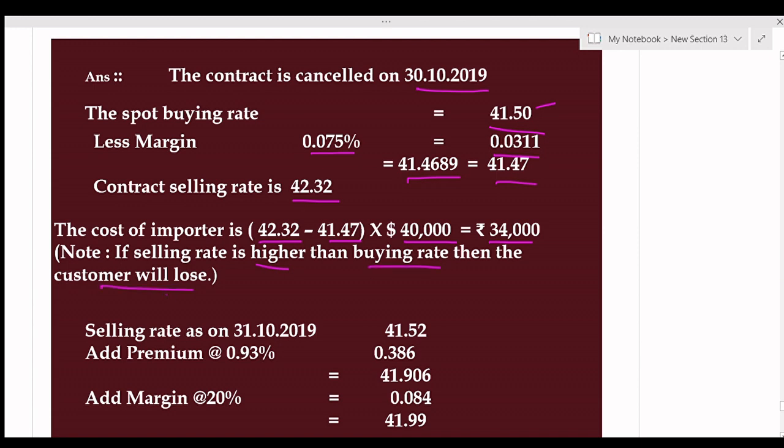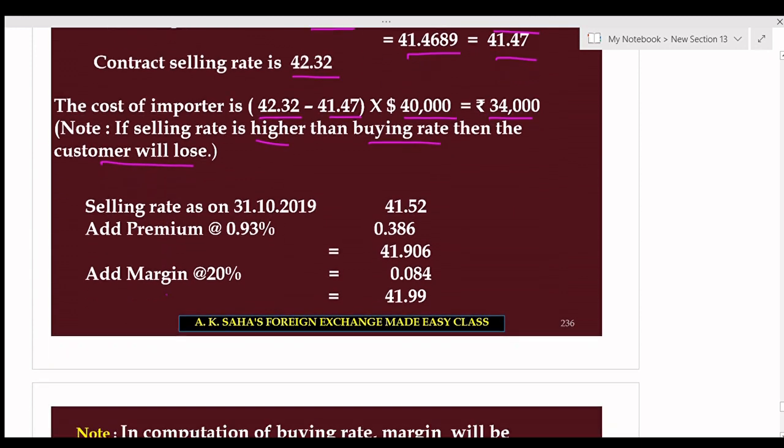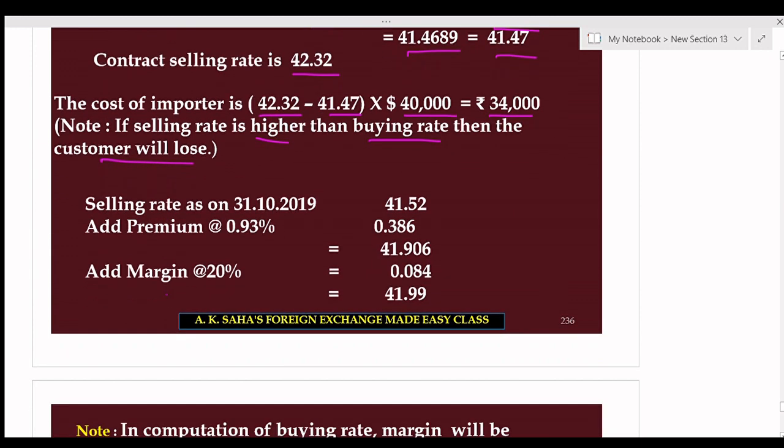Now the new selling rate will be 41.52 on the spot selling rate. Add premium at the rate of 0.93%, which is equal to 0.386, and add margin 0.20%, which gives 41.99.